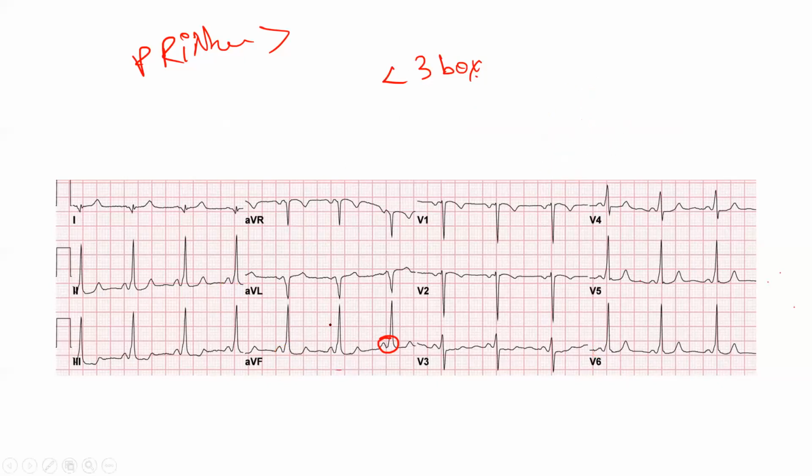If QRS is 0.10, it's going to be 0.08 to 0.12, so it's normal, right?